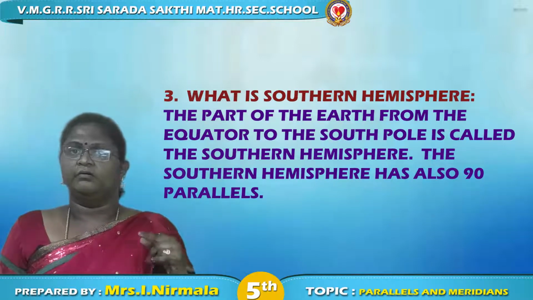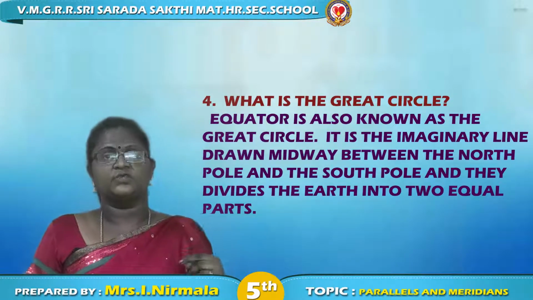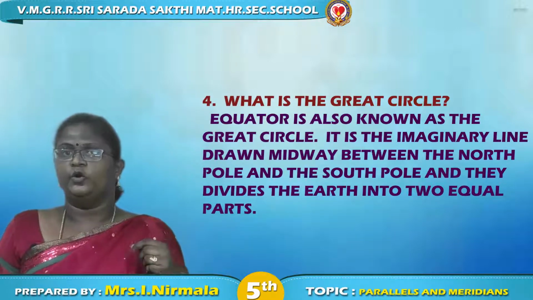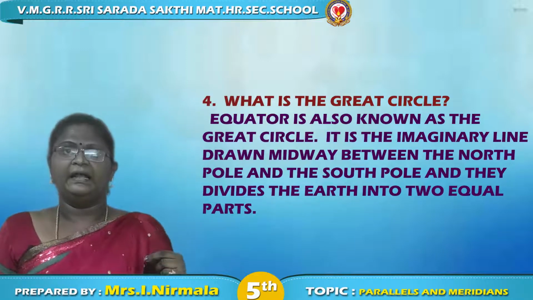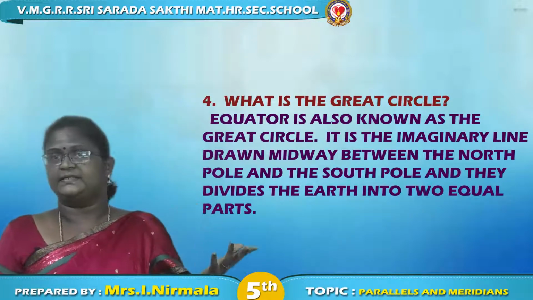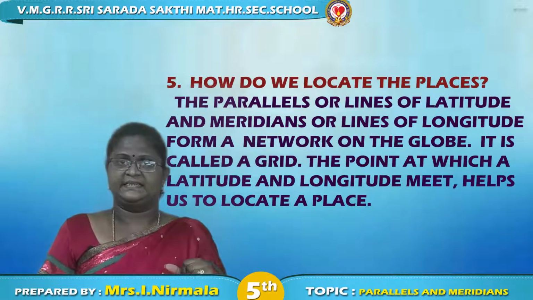Next, fourth question: what is a great circle? The equator is also known as the great circle. It is the imaginary line drawn midway between the north pole and the south pole that divides the earth into two equal halves. Fifth question: how do we locate places?